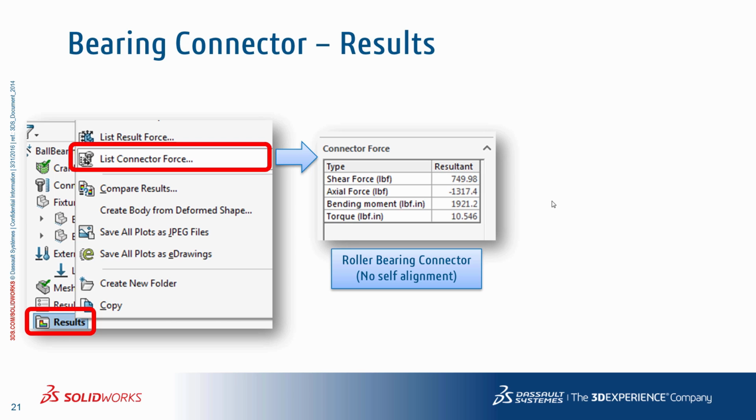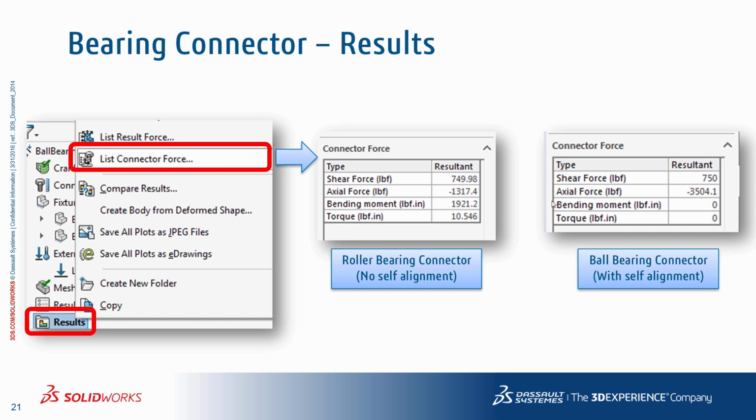So for a roller bearing connector, you can clearly see that there is a lot of bending moment reaction going on because of no off-axis alignment, or in other words, no off-axis rotation. The same in the case of ball bearings shows a zero value for bending moment because of the allowable rotations, and this is what we would expect.